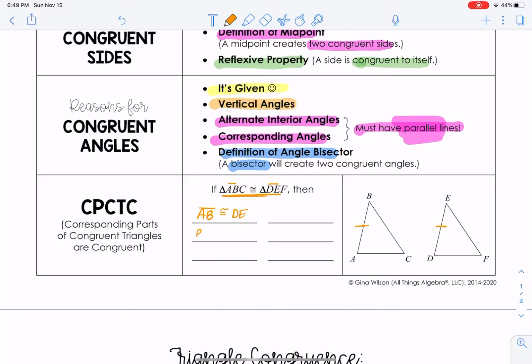I know that BC is congruent to EF, and I know that AC is congruent to DF.